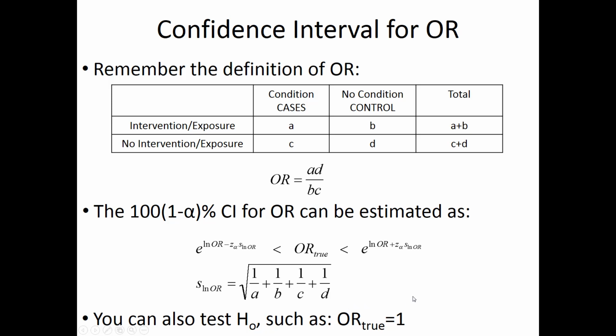We can also use this confidence interval to test the null hypothesis for the odds ratio. If the odds ratio of 1 is contained within this confidence interval, then the two groups are from the same population, and the null hypothesis is true.